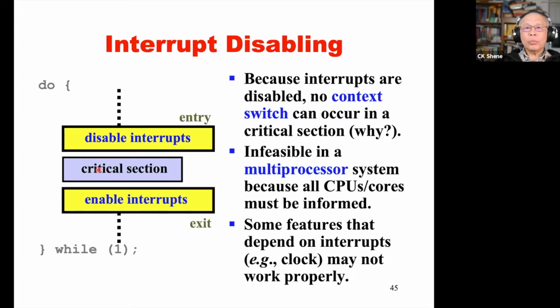The last important concept is that if an interrupt occurs, then the executing process on the CPU will be forced off and put back to the ready state. This is the important part.